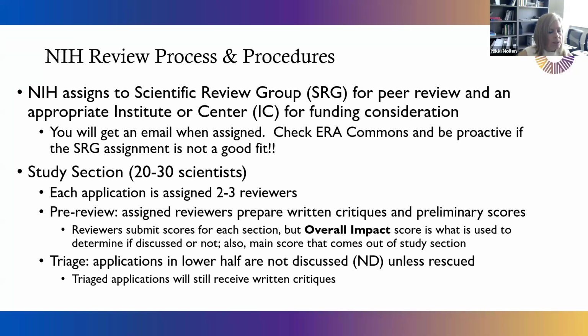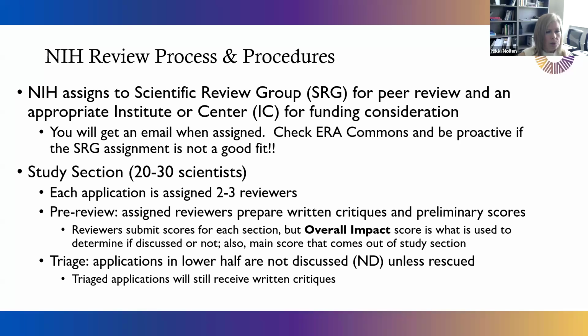So once it gets assigned to a study section, that study section is comprised of 20 to 30 scientists. I think that varies depending on various things, but each application is assigned 2 to 3 reviewers. There is a pre-review process where the reviewers go through reviewing the application. They prepare the written critique, which Matt will show you a little bit later in this presentation, and then a preliminary score.